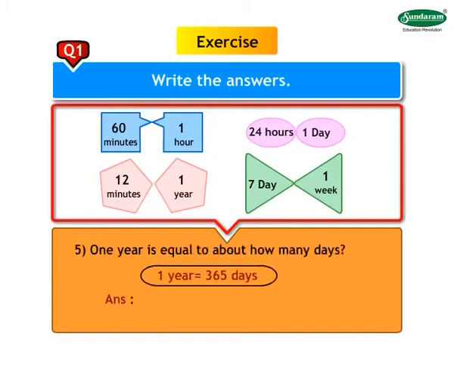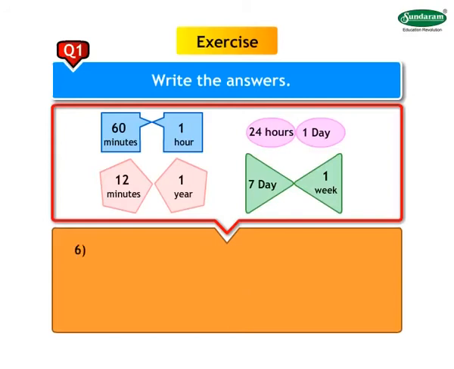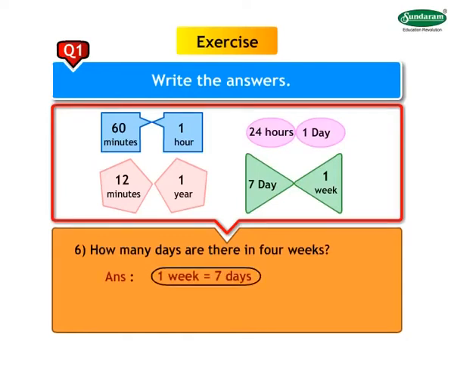Answer. 1 year is equal to about 365 days. 6. How many days are there in 4 weeks? Answer. 1 week is equal to 7 days. Therefore, 4 weeks is equal to 4 multiplied by 7, which is equal to 28 days.